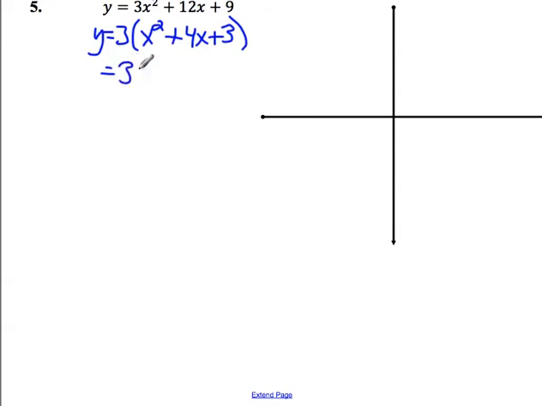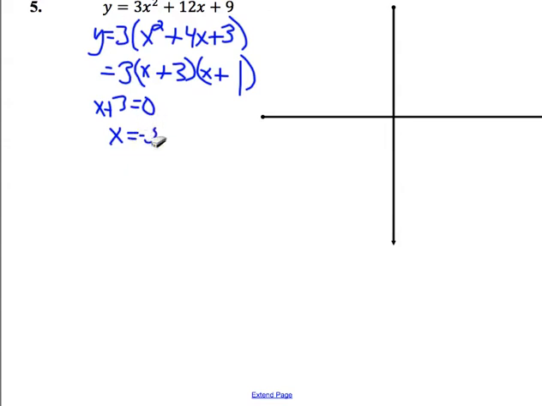Oh, and I think that factors, right? That's a factorable problem. So let's see. 3 and 1? Yeah, that adds up to 4. So x plus 3 and x plus 1. Definitely. So then we can set these two parts equal to 0. x plus 3 equals 0. Subtract the 3 and we get negative 3.